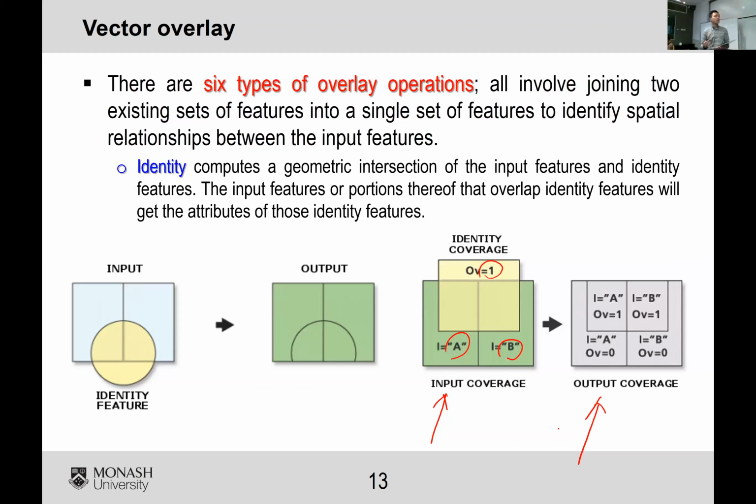You will get the geometry for the size of the input feature, but the overlap of these two sections comes from the identity feature, and the attributes are also included from the identity feature. Okay, so this is less commonly used, but you need to understand how this one works and what geometry or attribute will be preserved in the output layer.